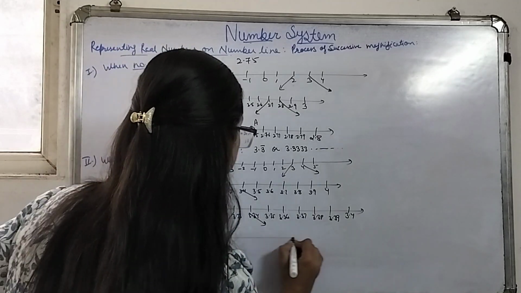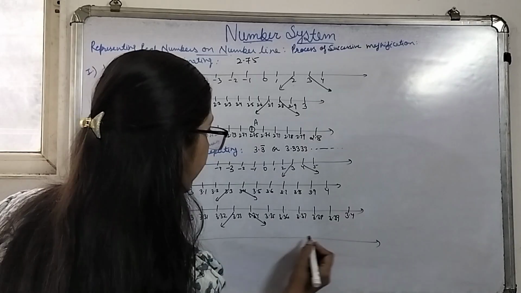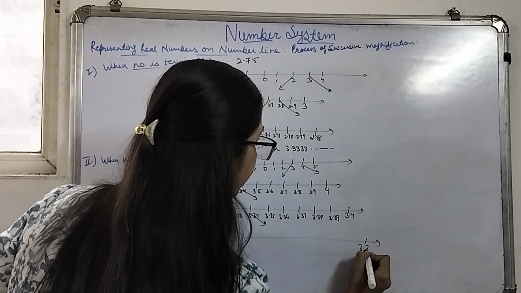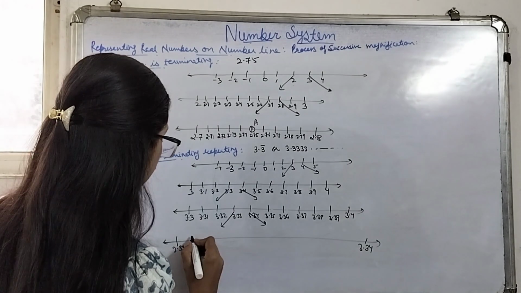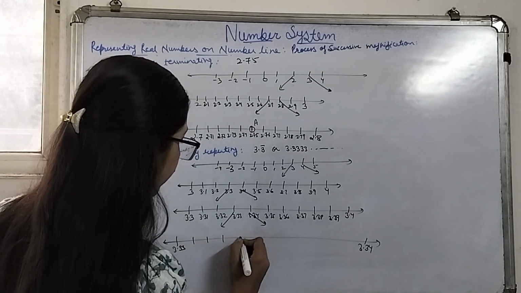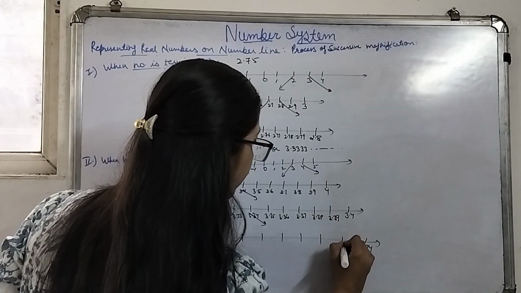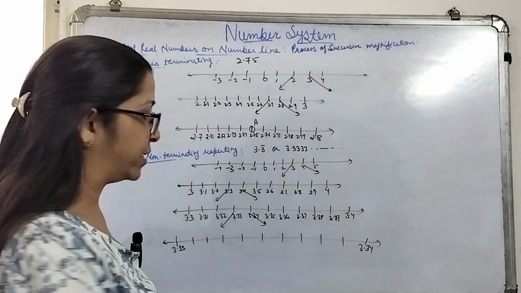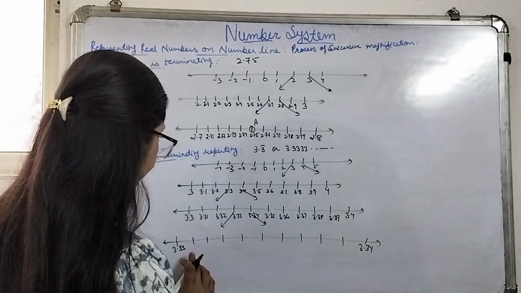At one end we will be writing 3.33. At the other end we will be writing 3.34. Now again we will be dividing it into 10 equal parts. 1, 2, 3, 4, 5, 6, 7, 8, 9 and 10. It should be 10 equal parts. Randomly I have marked, so it's not equal but it should be equal.